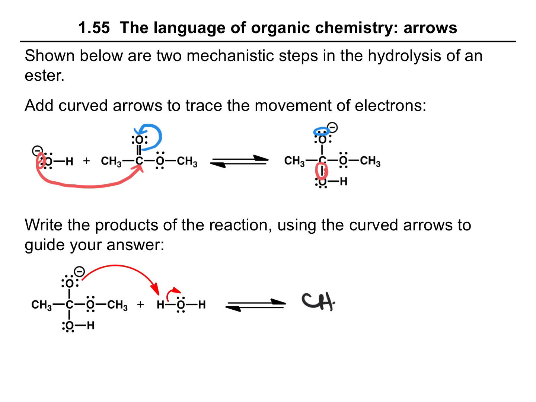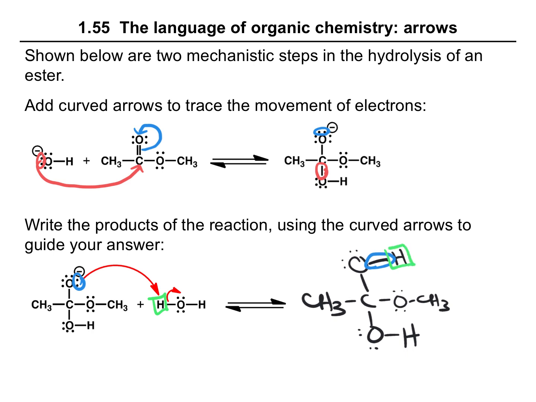So I think we can do this. We have our CH3 connected to our C, connected to our OH, connected to our OCH3. No changes are happening here. This oxygen is still connected to these 2 lone pairs, but now there is a new bond to a hydrogen. So this pair of electrons is this pair of electrons, and this hydrogen is this hydrogen.